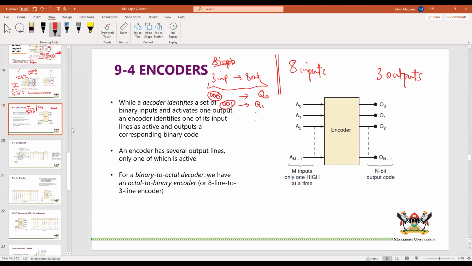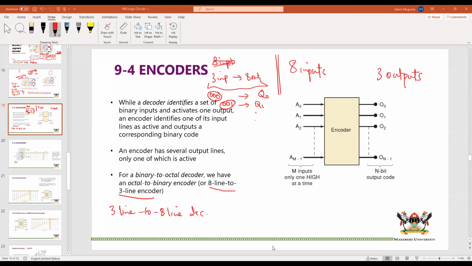Now, another thing we looked at before was that for a decoder, we can have binary to octal, for instance. Here, we would now have an octal to binary encoder, or an 8-line to 3-line encoder. Before we had a 3-line to 8-line decoder.